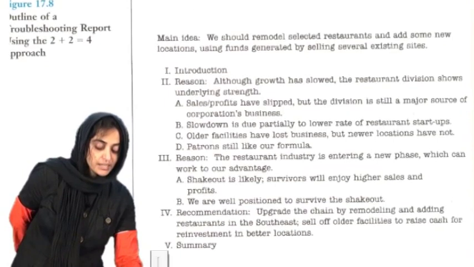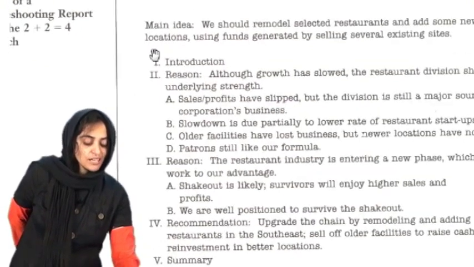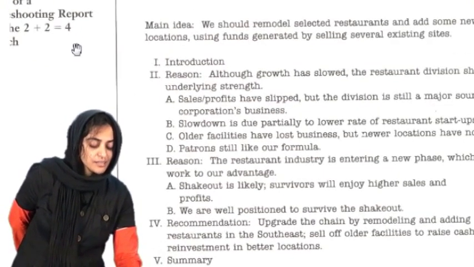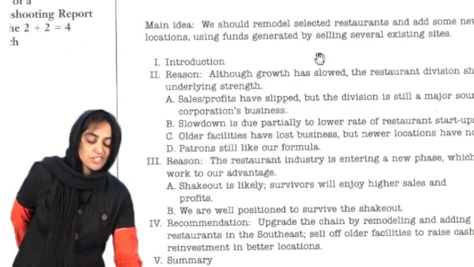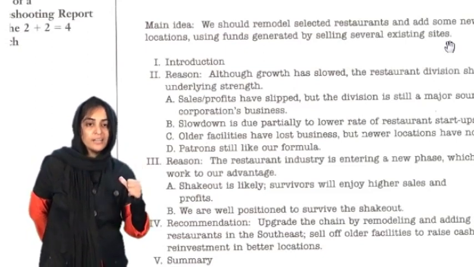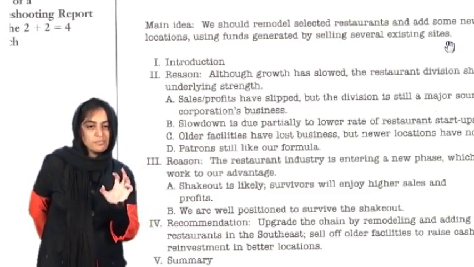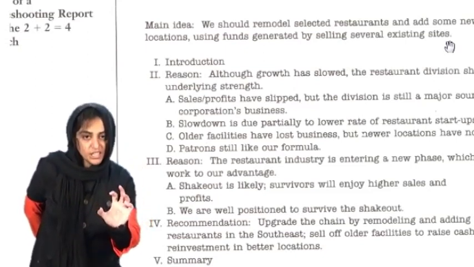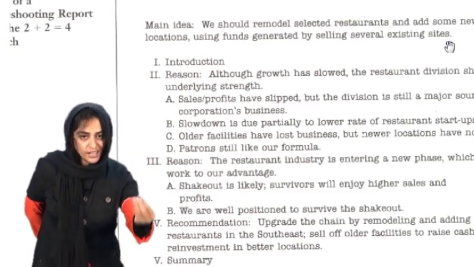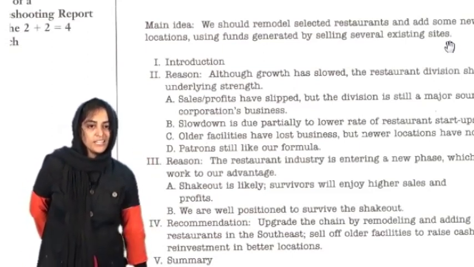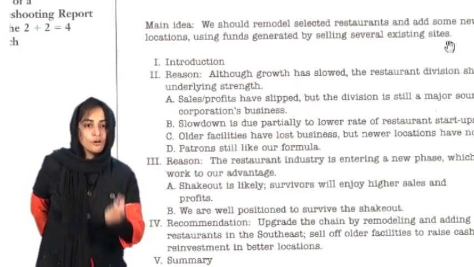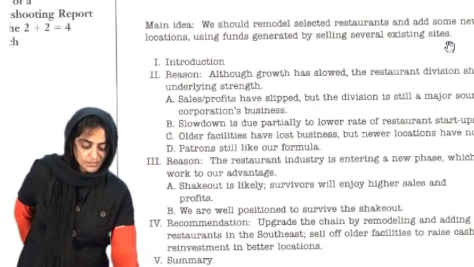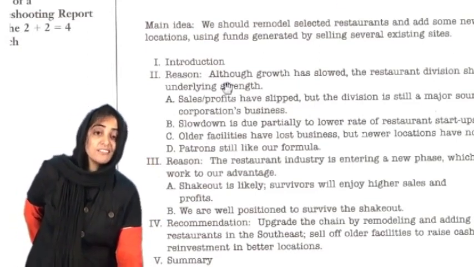Main idea says we should remodel selected restaurants and add some new locations using funds generated by selling several existing sites. This is simply the conclusion and the recommendation to which all the reasoning will lead. Now let us see which point the outline begins from. As you can see on the slide, point number 1 is introduction.